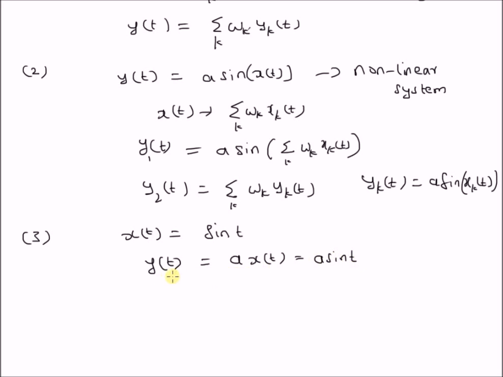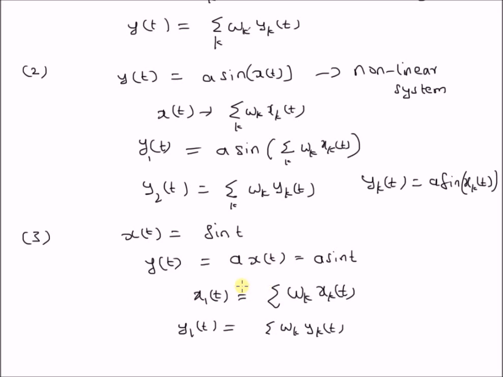But in terms of the relation between y of t and x of t, this is a linear system, because for the input equal to the sum of wk xk of t, the output will be the sum of wk yk of t, because the relation between y of t and x of t is linear.